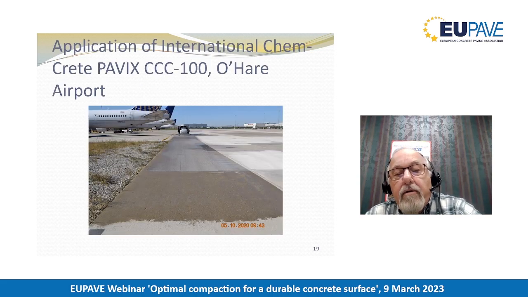This is O'Hare Airport. We did this job in 2020. There's 1 million square feet of airport pavement that had a friable surface. There were areas that were obviously distressed, and we fixed those by diamond grinding.